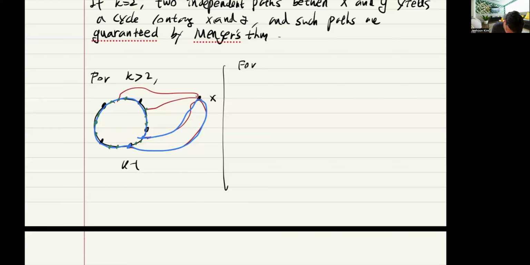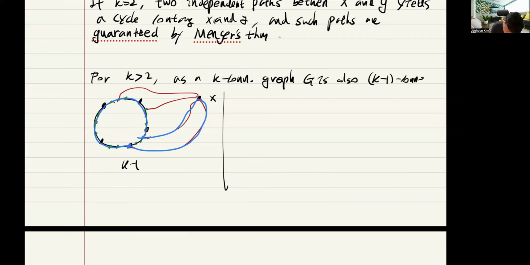So for k at least 2, as a k-connected graph, G is also (k-1)-connected.